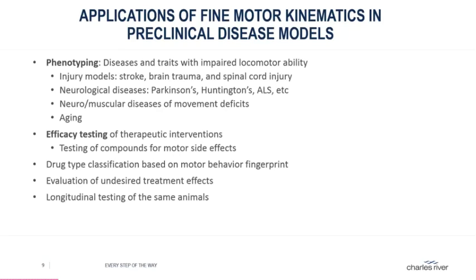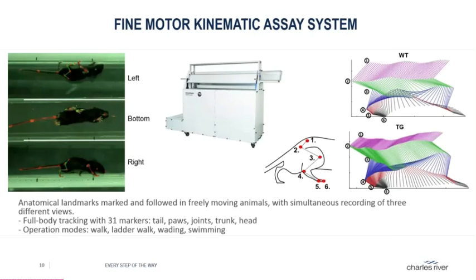Importantly, this tool provides sensitivity to study the efficacy testing of treatment and also possible side effects. Kinematic analysis can also be used for phenotypic characterization of various strains of rats or mice and for longitudinal evaluation of disease progression. And now we briefly describe our methods.